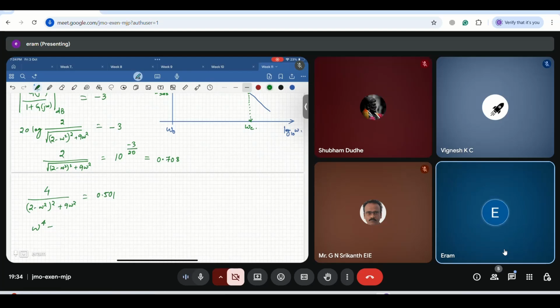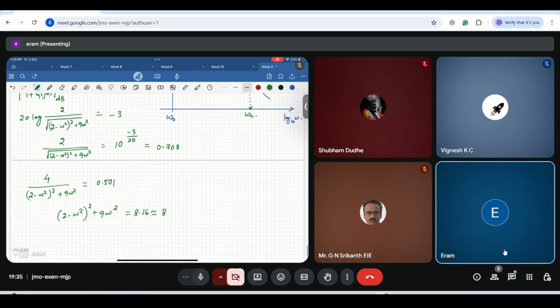So this you can approximate as omega to the power 4, and this you will get as 8.16, which you can approximate as 8, and then you can solve this quadratic equation, which you will get approximately as omega 4 plus 5 omega square, and 8 minus 4 will be 4, so minus 4 equals 0.